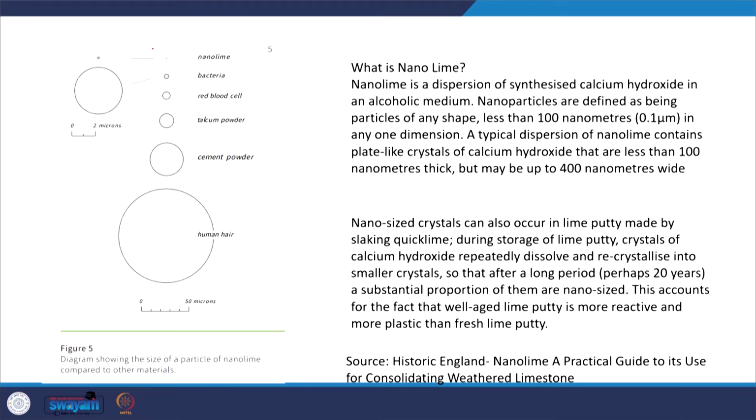This is how you can relate to the size of nano-lime. Why is it important in conservation? Because nano-sized particles occur in lime putty and in slaking quicklime, and they can repeatedly dissolve and recrystallize into smaller crystals. So after about 20 years, a substantial proportion of them are nano-sized. There's a process of how these are produced.